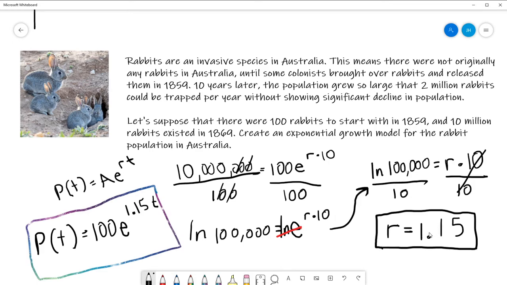If we write this decimal as a percentage increase, we can see that the rabbit population is increasing by 115% per year. That's crazy. 115%. That means that the population is literally doubling, more than doubling every year. Now that's like rabbits.